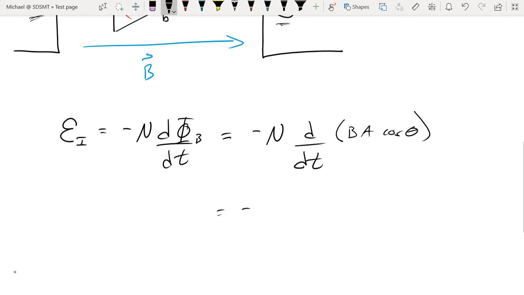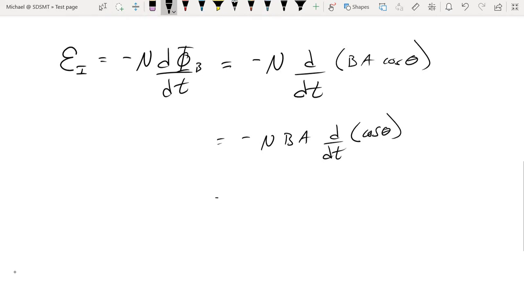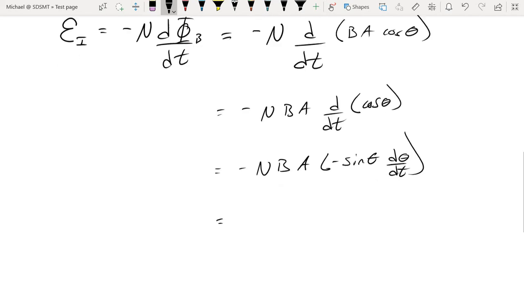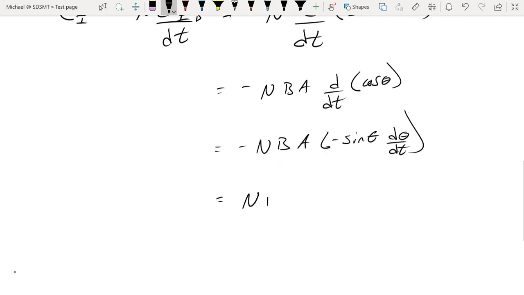So we now have negative n B A, derivative of cosine theta with respect to t becomes, derivative of cosine is negative sine theta d theta dt. The negative sign will come out front and it will cancel with the negative sign that we already have. So now we have n B A sine theta d theta dt.